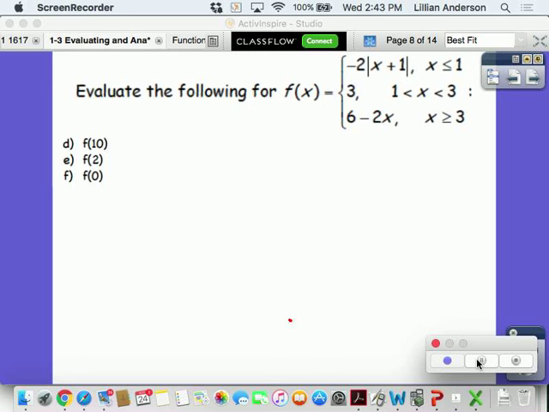Now, one thing I don't know if I stated this, but f of x, okay, that's the same thing as y. When we're talking about functions, we're talking about things that have an x and a y. They're on x and y planes that can be graphed. You have an x value and corresponding y value. So these x's that you're plugging in to the part of the function, even if it's just one function, you're finding its corresponding y.